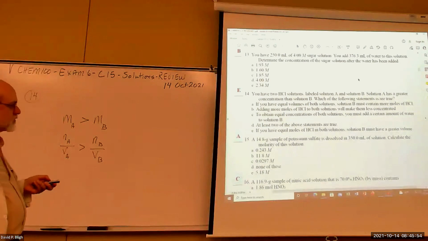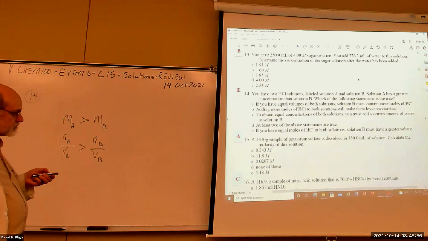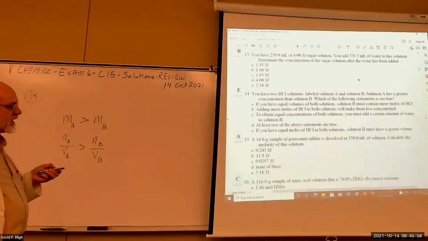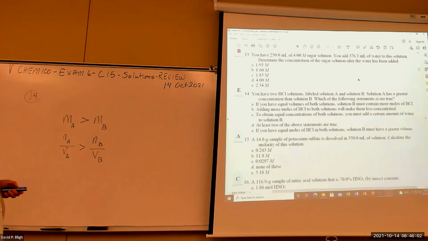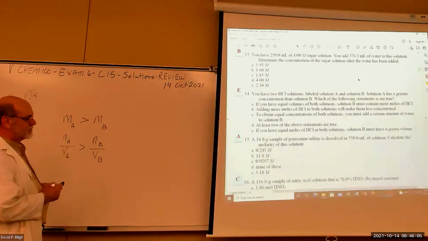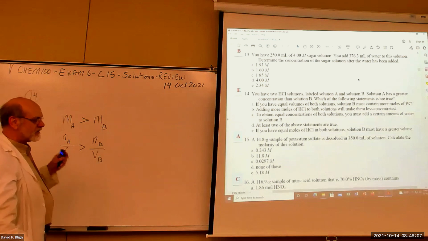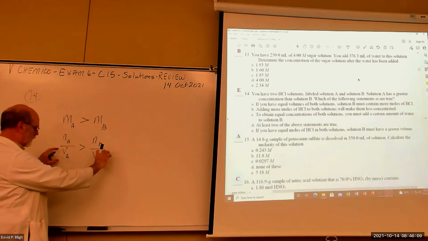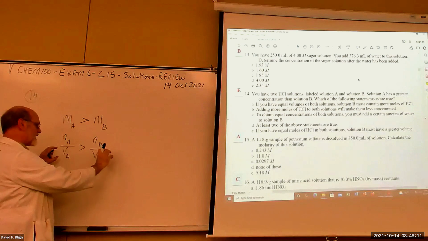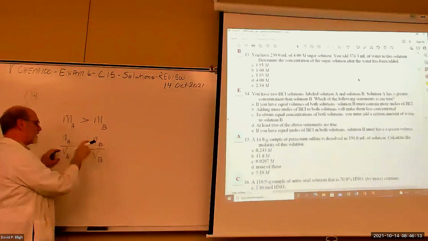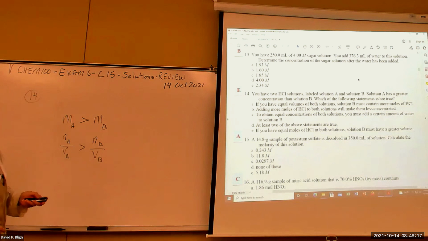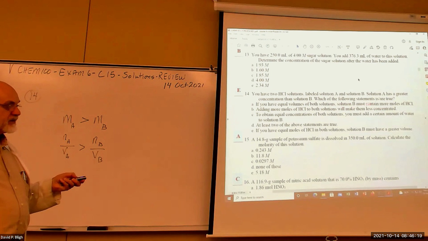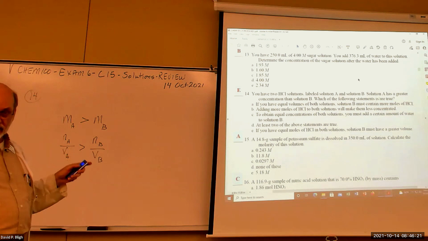Which of these statements are true? A: If you have equal volumes of both solutions, B contains more moles. If you have equal volumes, that means A has to be bigger than B. B does not contain more moles, A does.